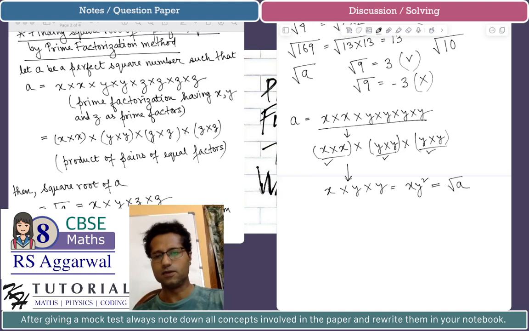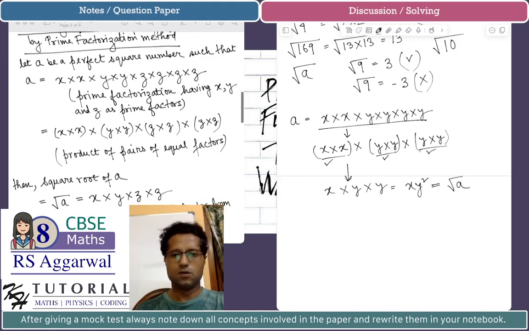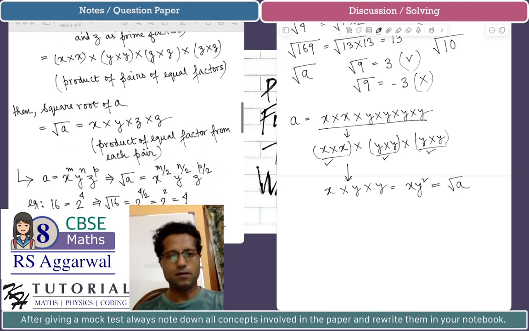So now we will consider one factor from each pair. We will form the product of factors where each factor is coming from each pair. So we are having x into y, so we are having x y square. So for this example, x y square will be the square root of A. I hope you got the idea.